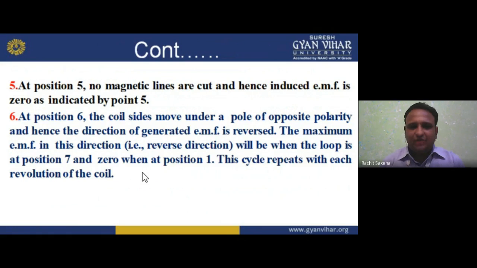We can scale it like this: 2 pi, 4 pi, 6 pi, 8 pi. So we are getting 4 cycles. 2 pi means 1 cycle, 4 pi means 2 cycles, 6 pi means the third cycle, and 8 pi is the fourth cycle. So that is one cycle for each revolution of the coil. I hope you understand.